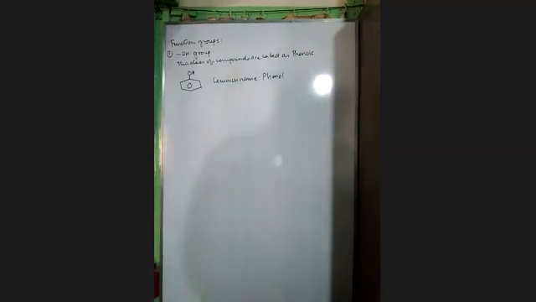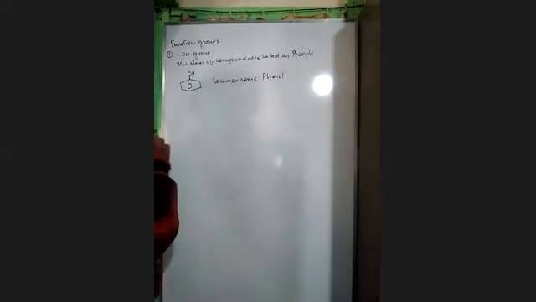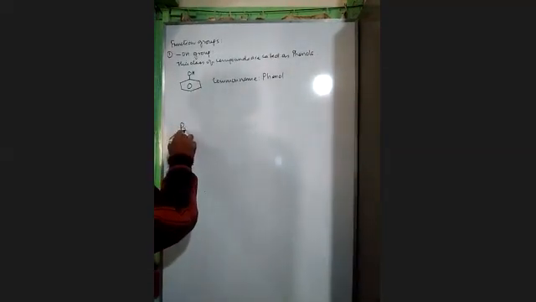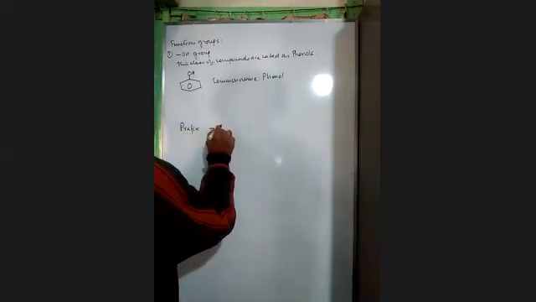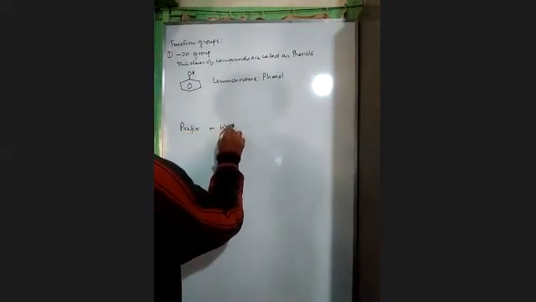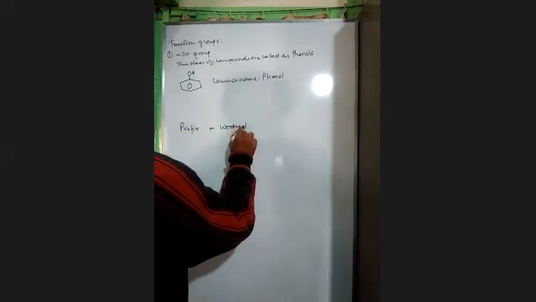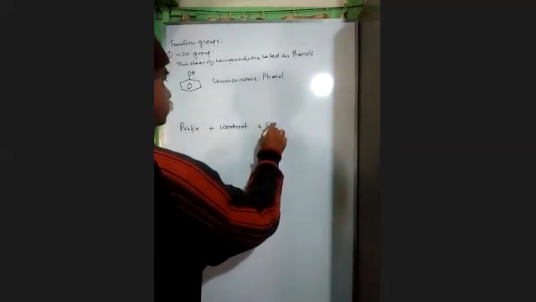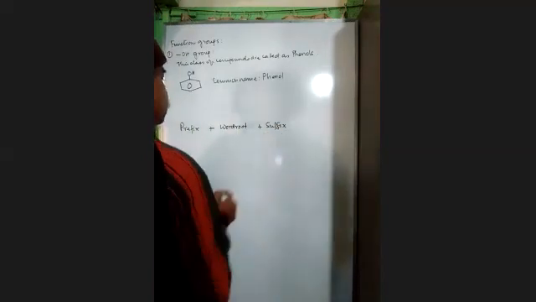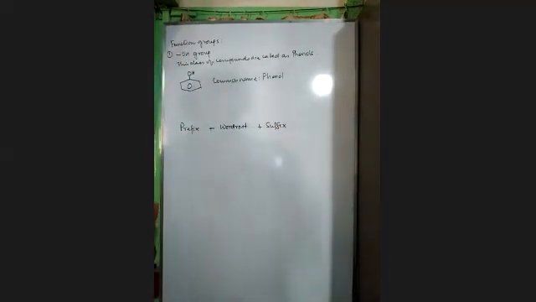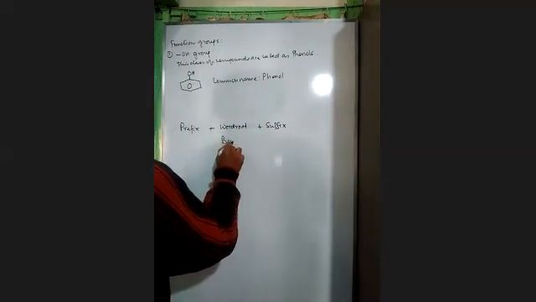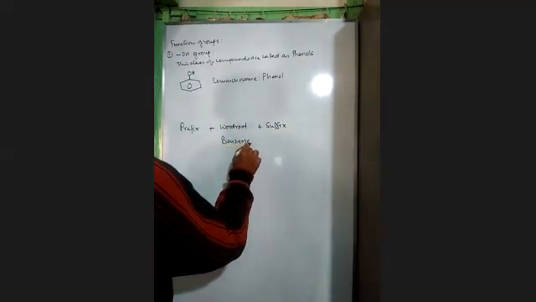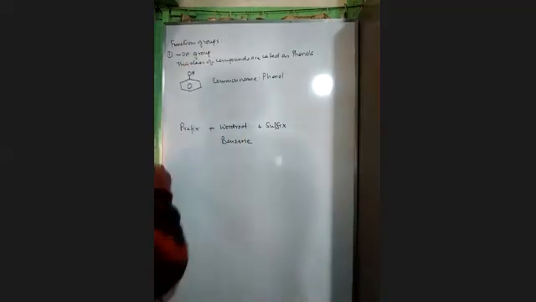But its IUPAC name is not phenol. See here, it does not have any substitution. It has a functional group. So the name starts with benzene. And we know which group is called what?